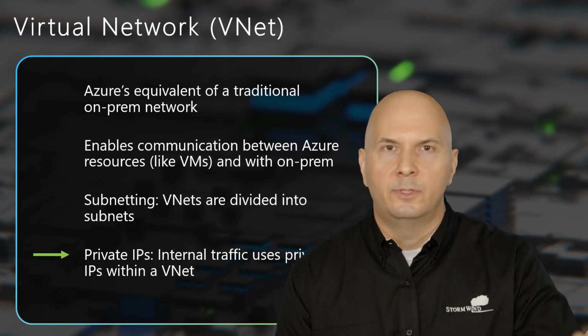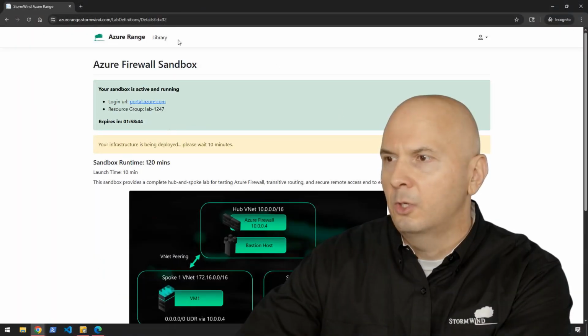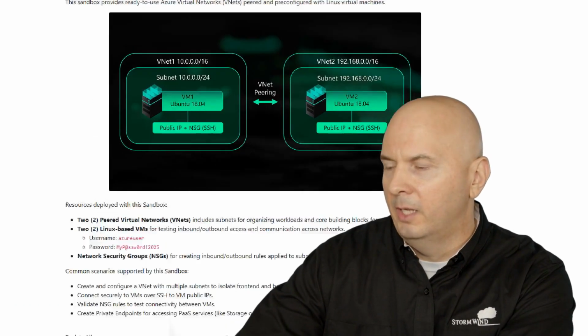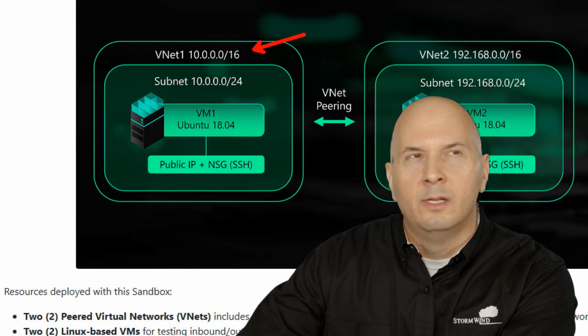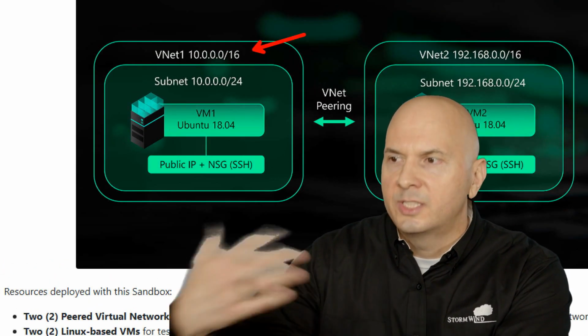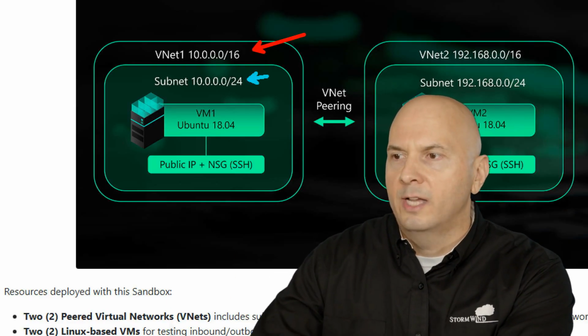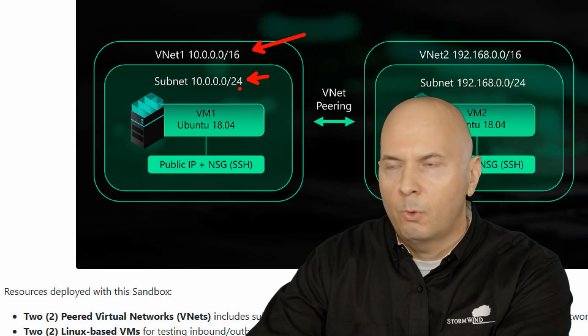So if I define my network, like we saw over here, let's go back over the diagram. Kind of jumping around a lot, but if I define my network as a 10 network, 10.0.0.0/16, that's the overarching network address space. I can start carving out subnets. So this is a smaller portion, this /24 subnet.